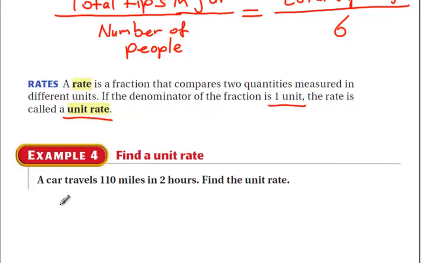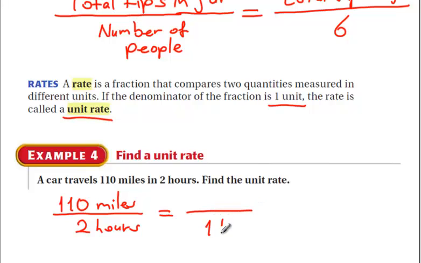If I simplify and make the denominator equal to an hour, I'm going to get my unit rate. So if I divide 110 by 2, it's going to be 55. So 55 miles per hour is my unit rate.